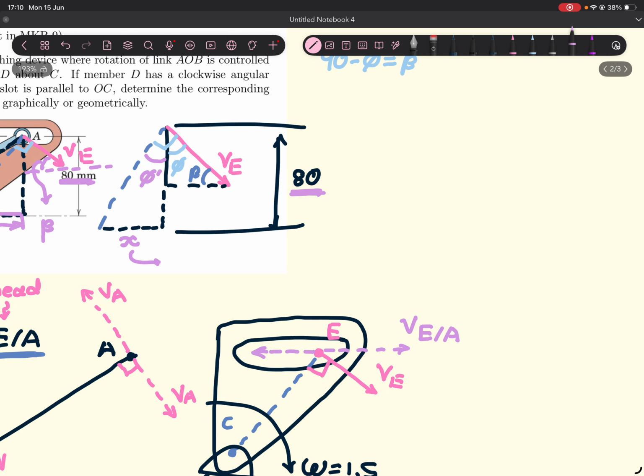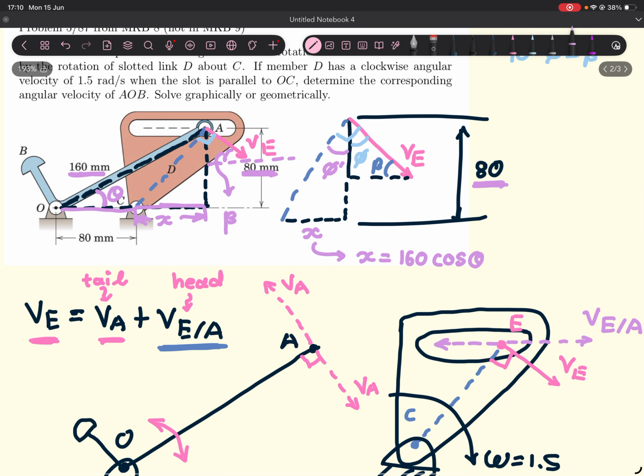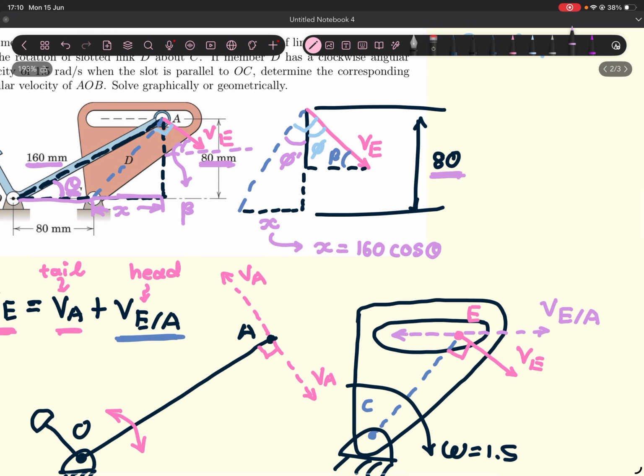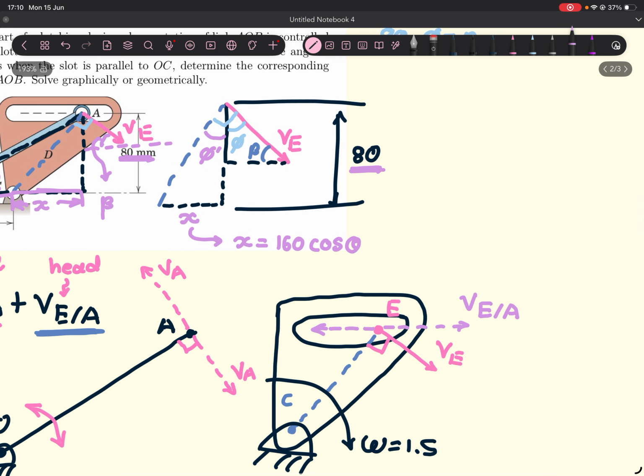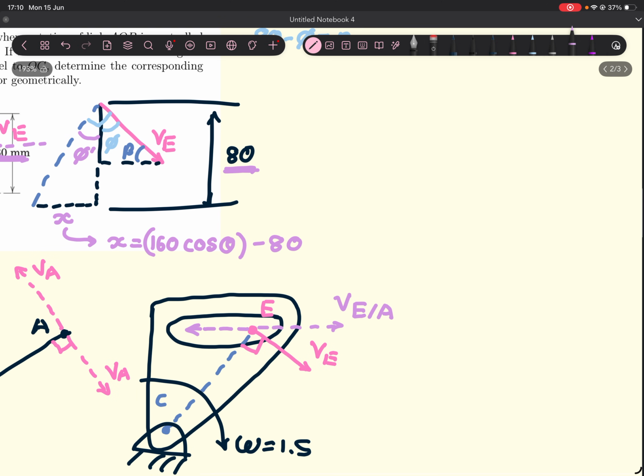So x is equal to 160 cos theta, where theta is this angle over here, right? Subtract 80 from that, right?